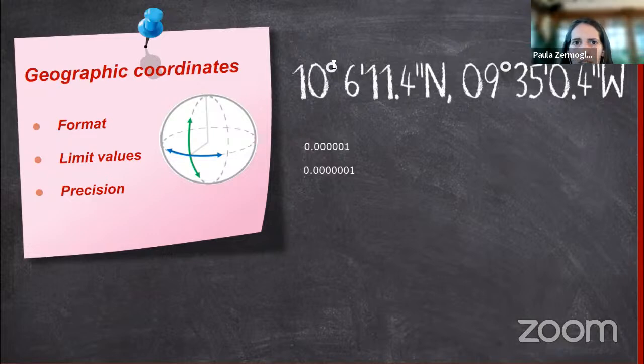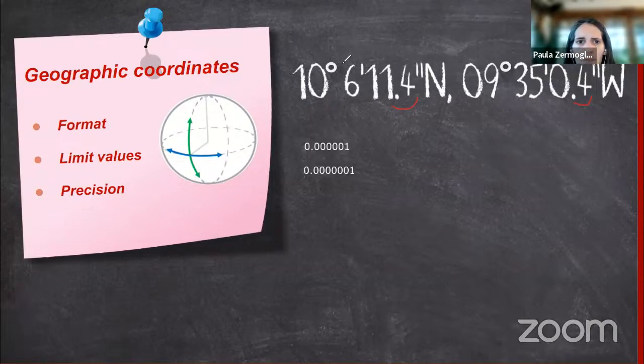The precision is here in this last digit here, and in this last digit here, right? So 0.1 seconds would be the precision for these coordinates.